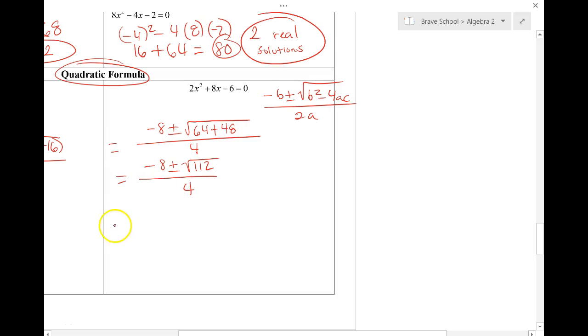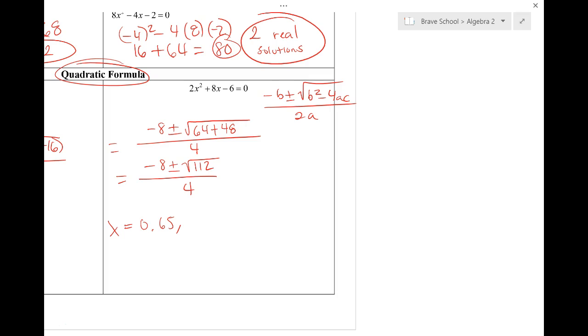And again, I want you to figure out the decimal answer here, and I'm just going to do some on my calculator on the side. So negative 8 plus the square root of 112 divided by 4 will be 0.65. Now let's do minus.